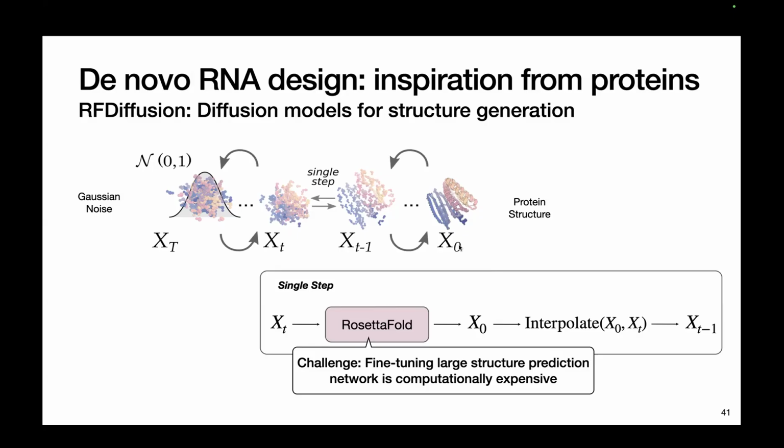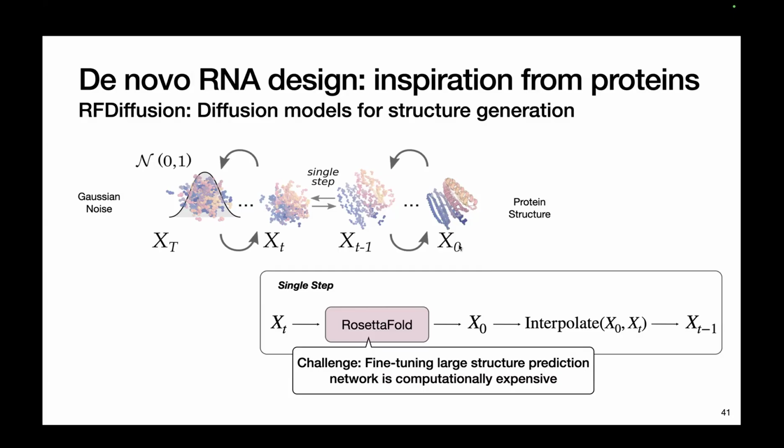But what we found is that fine-tuning these is a problem. RFdiffusion is fine-tuned from RoseTTAFold, which is a big beast that has a lot of parameters. If you just fine-tune these large structure prediction models, it's quite computationally expensive, right? It runs very slowly and optimizes very slowly.